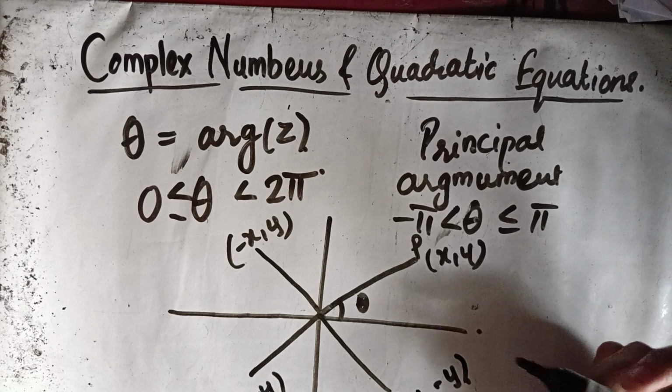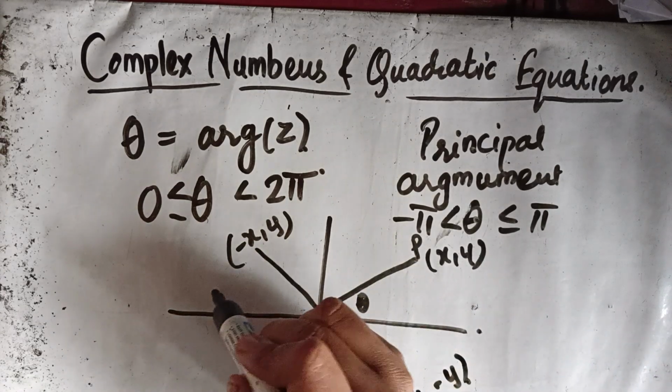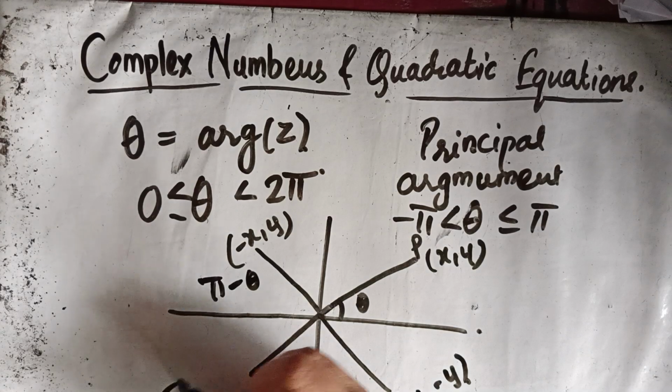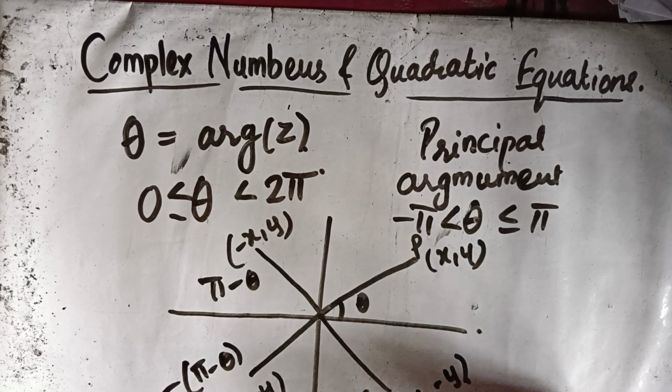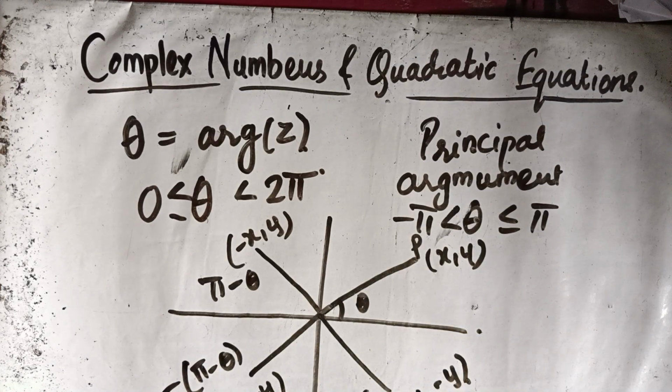Okay, this is theta, this is pi minus theta, this is minus of pi minus theta, and this is minus theta. Okay, so we'll solve examples. The value of theta such that minus pi less than theta less than or equal to pi is called a principal argument of z, and it is denoted by arg z unless specified otherwise.